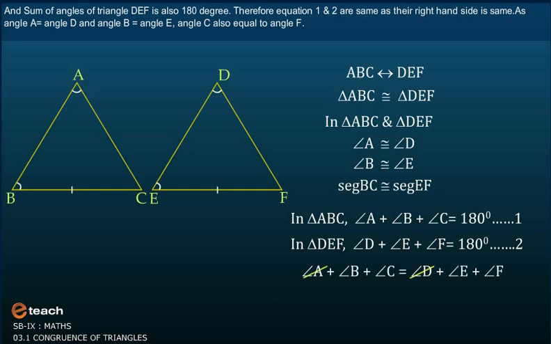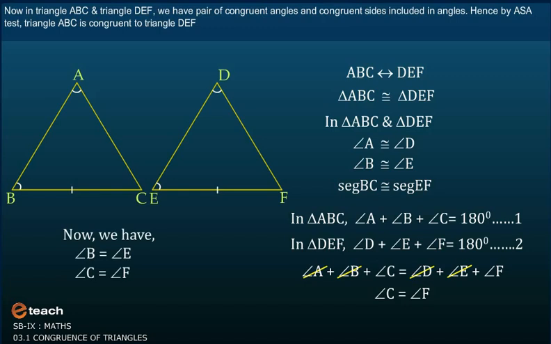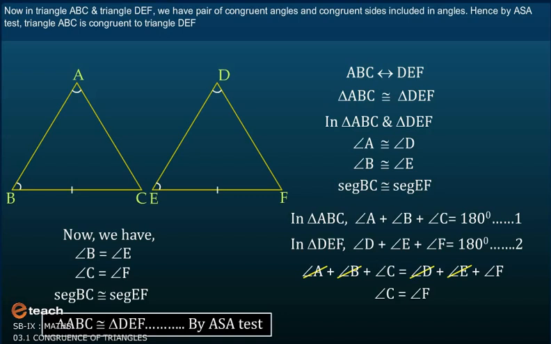As angle A is equal to angle D and angle B is equal to angle E, angle C is also equal to angle F. Now in triangle ABC and triangle DEF, we have a pair of congruent angles and congruent sides included in angles. Hence by ASA test, triangle ABC is congruent to triangle DEF.